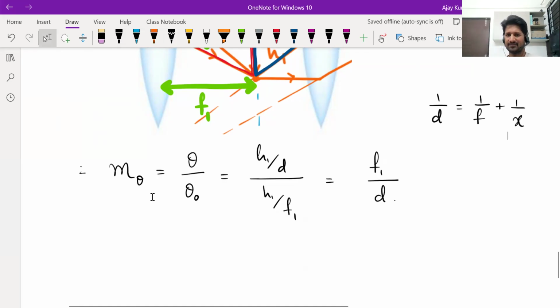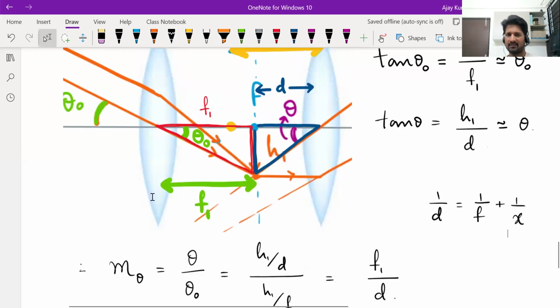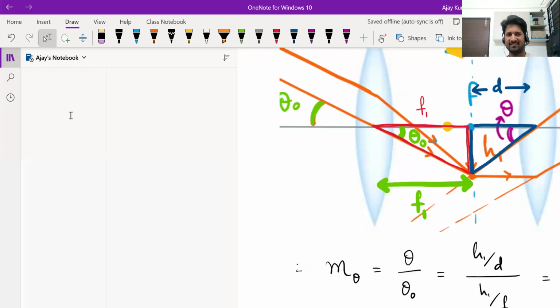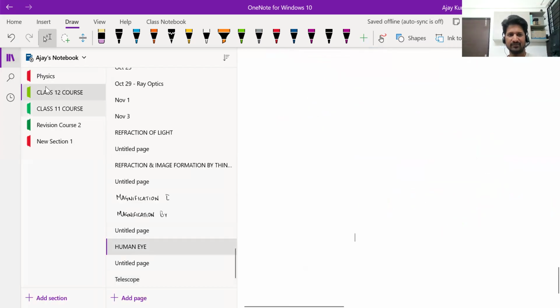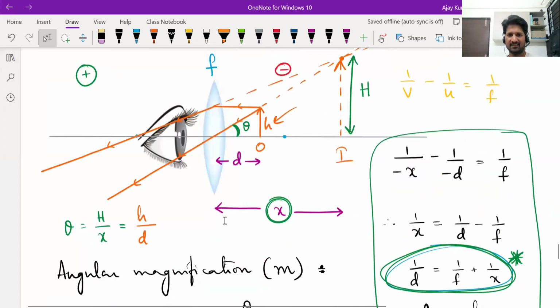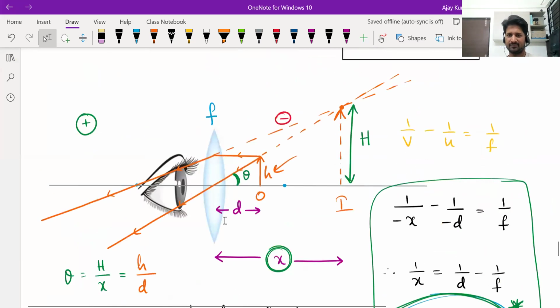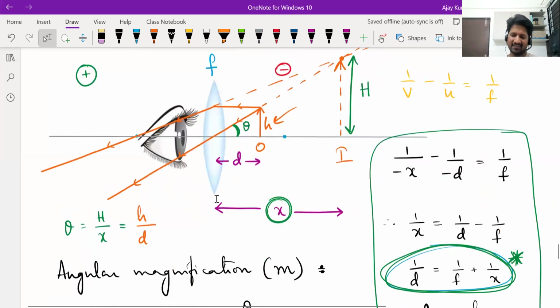Sir, d is the object distance. Correct, it's the magnitude of the distance of the object, without sign. And what is x? x is the first image distance. Okay, let it be.